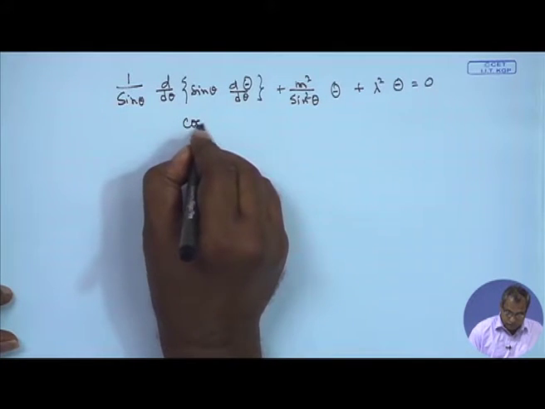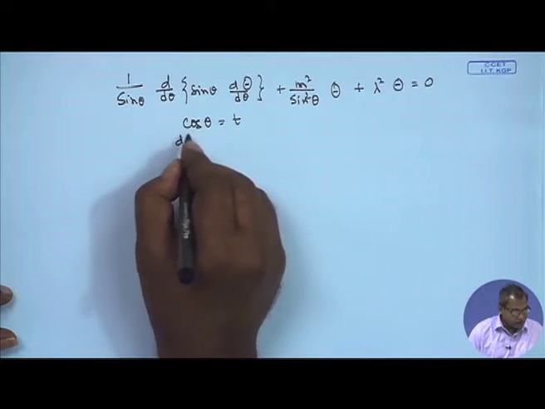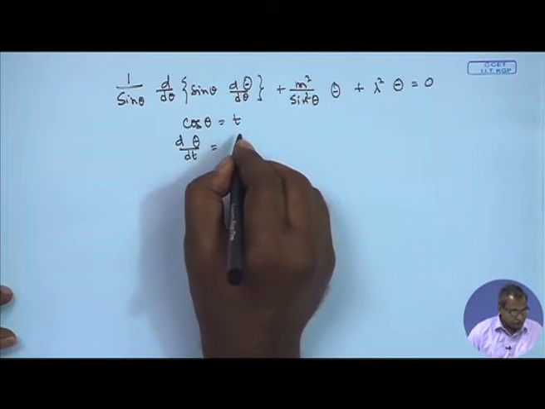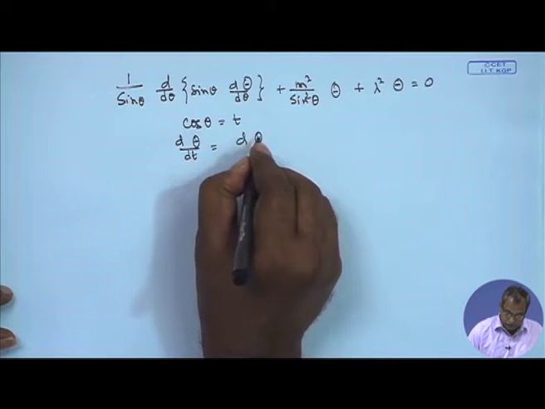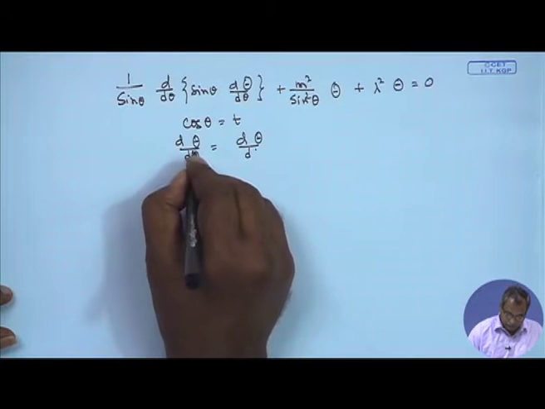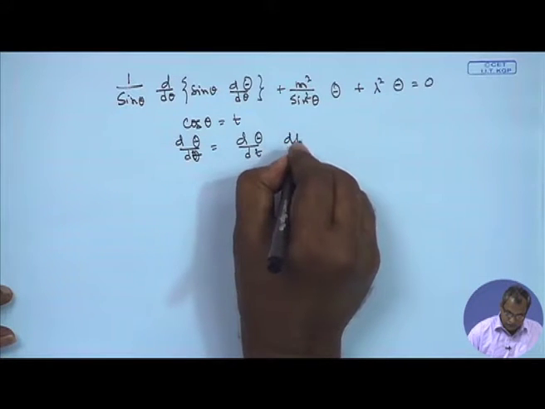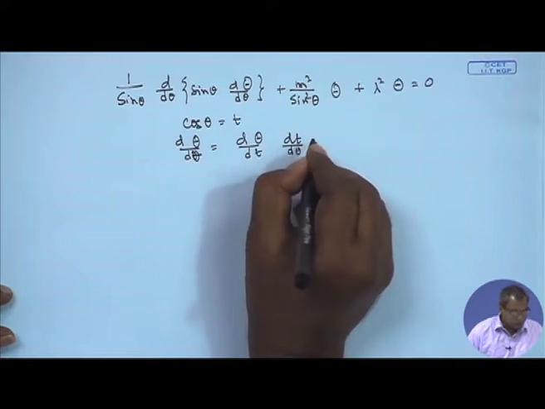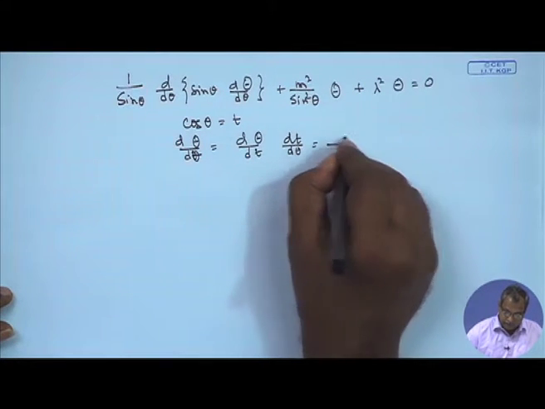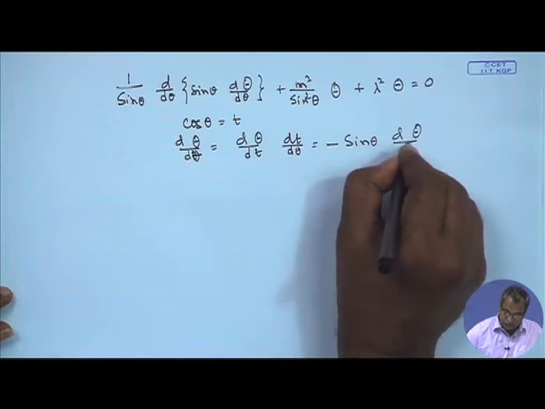Then we substitute cosine theta is equal to t, and let us see what d theta dt is in terms of t. dt d theta will be nothing but minus sin theta, so dt is minus sin theta d theta.